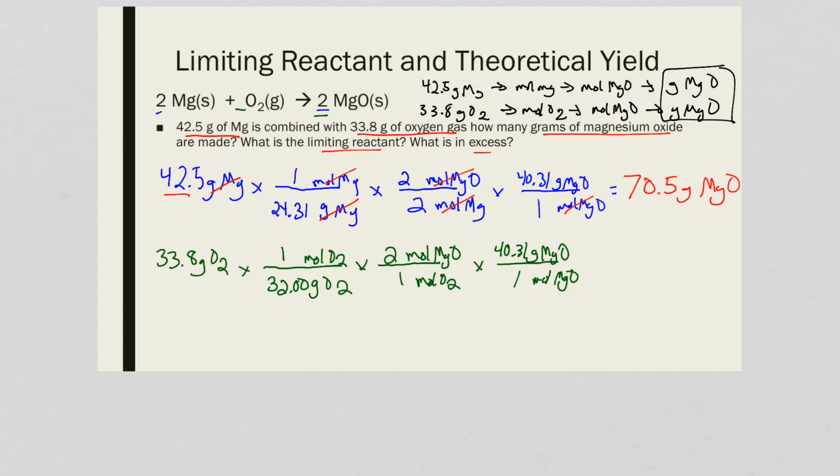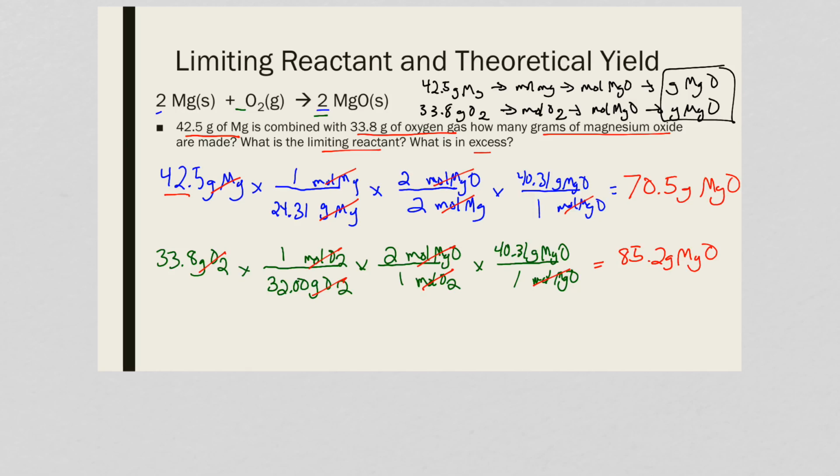So if I check my dimensional analysis, right, grams of O2 cancel here, moles of O2 cancel here, moles of magnesium oxide cancel here, leaving me with grams of magnesium oxide. If we go through the math, I would make 85.2 grams of magnesium oxide. So now we have our values.